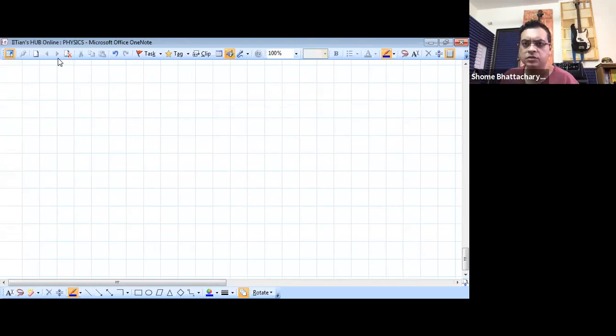Okay. So let's look at question 4 of worksheet 1. So it says that two forces of equal magnitude act at a point.